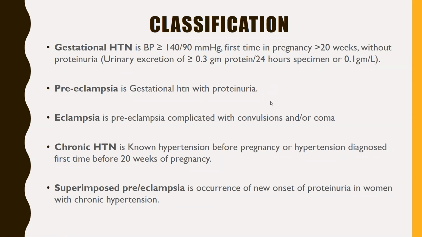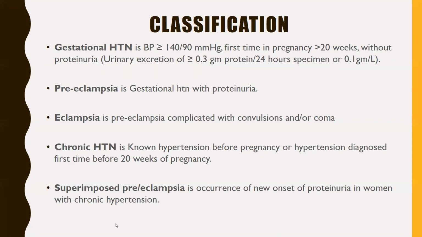Then just to define proteinuria: in gestational hypertension, we are not going to have any proteinuria. However, preeclampsia is defined as gestational hypertension as well as proteinuria. So we have protein in urine equal to or more than 0.3 grams per 24 hours of specimen, or 0.1 gram per liter. When you're using a dipstick, it should be +1 of protein or more.